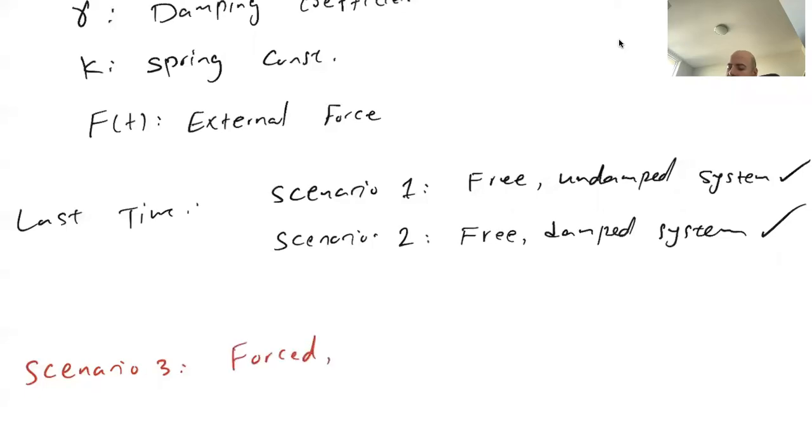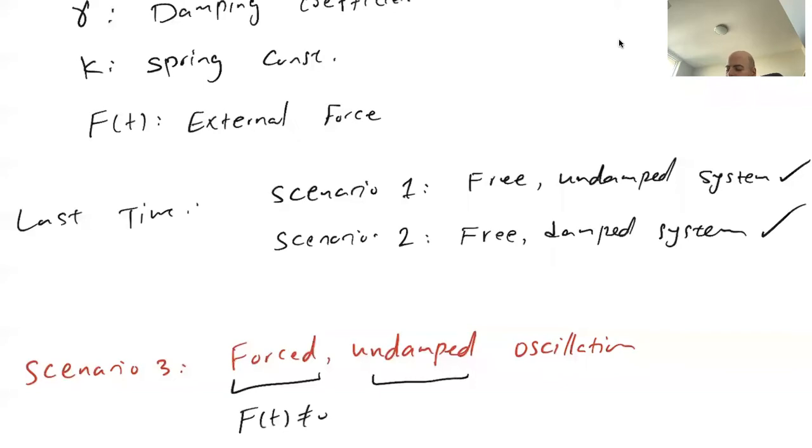And we assume this time it's undamped. So we want to assume that there is no friction and therefore gamma is 0. So forced undamped oscillations. So forced means F of t, this time we assume it's not 0. And undamped here means that there is no friction, so we can assume gamma is 0.